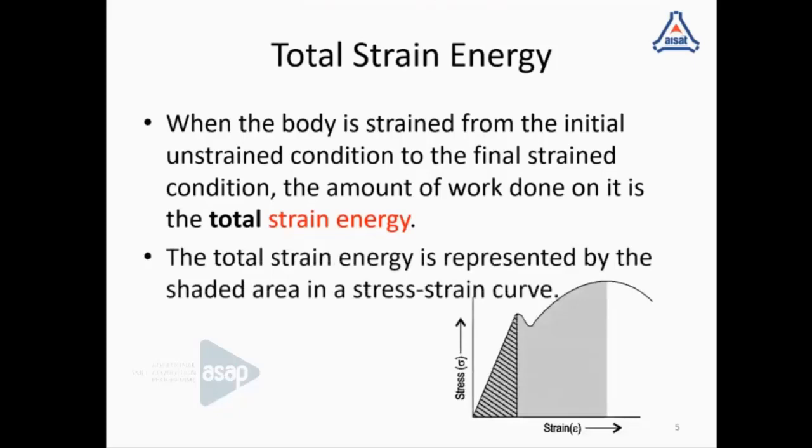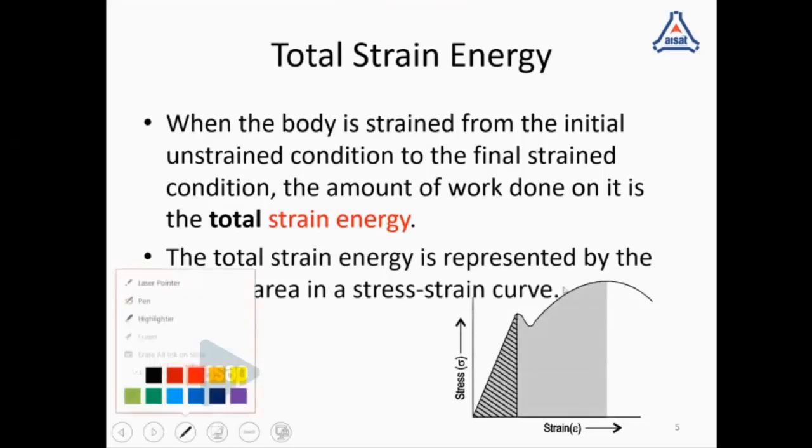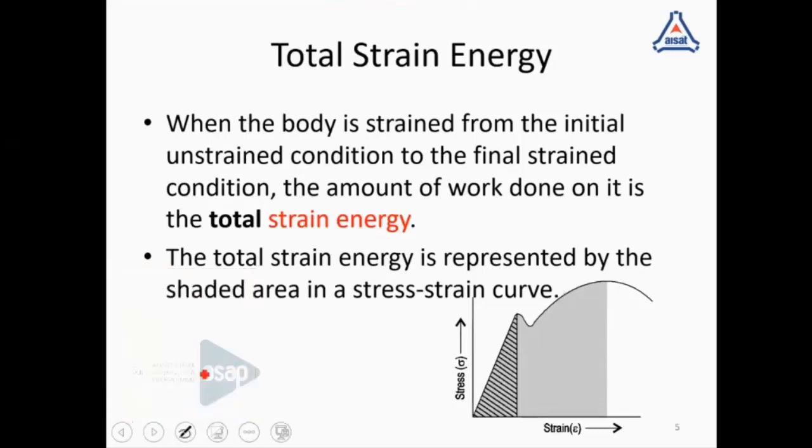You can see the stress strain curve where strain and stress are given along the two axes. Up to this point, we can call it elastic deformation. And beyond this point, the deformation goes in a different pattern, and this deformation is permanent and it is called plastic deformation.